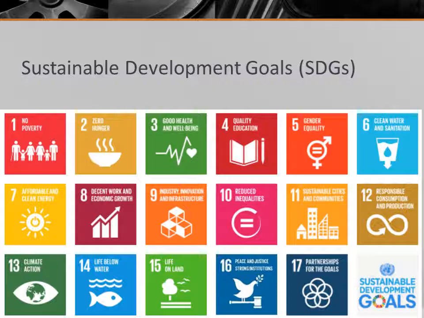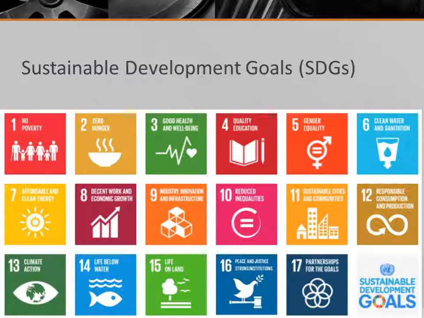Number seven, ensure access to affordable, reliable, sustainable, and modern energy for all. Number eight, promote sustained, inclusive, and sustainable economic growth, full and productive employment, and decent work for all. Number nine, build resilient infrastructure, promote inclusive and sustainable industrialization, and foster innovation.